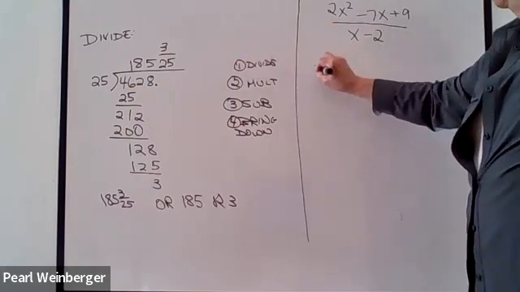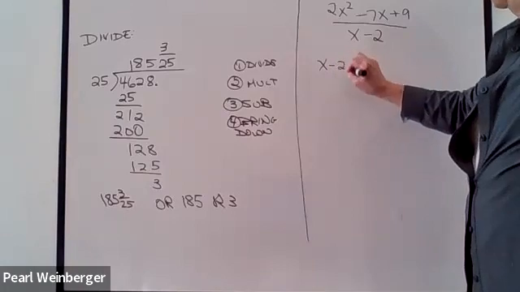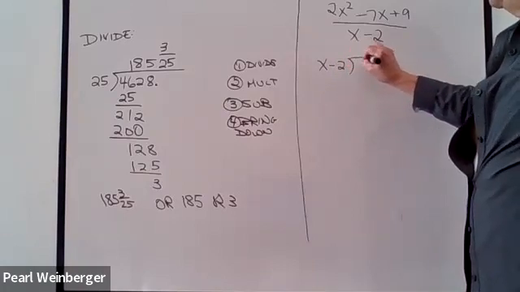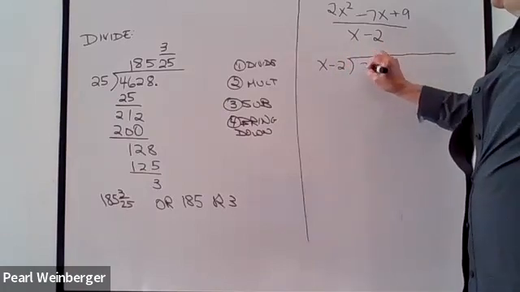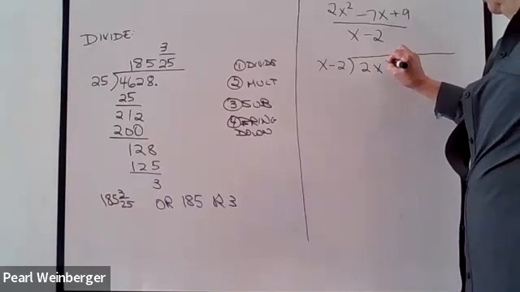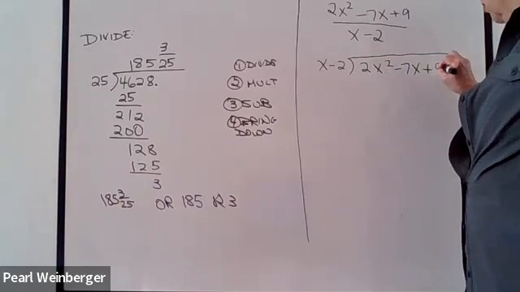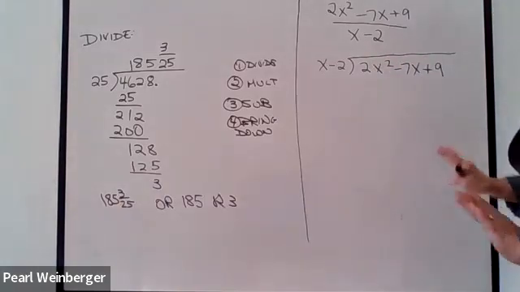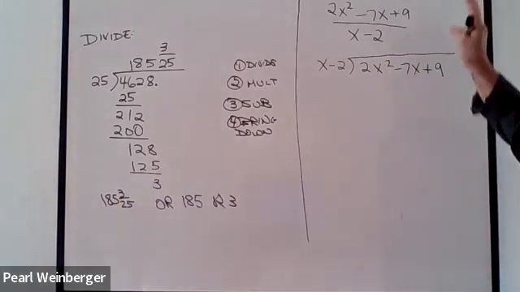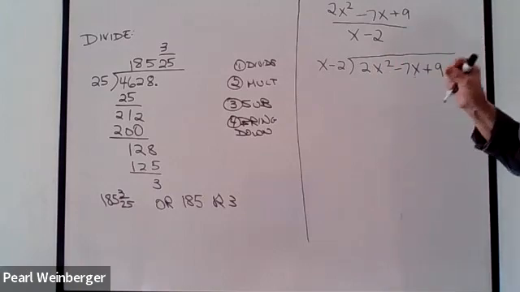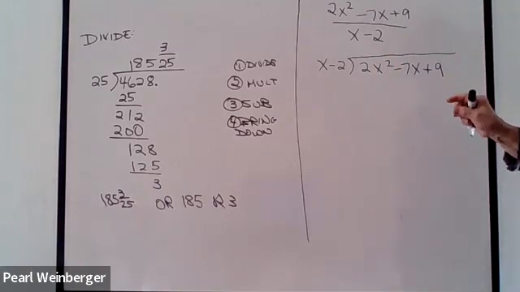In other words, the x minus 2 is my divisor that goes on the outside. The 2x squared minus 7x plus 9 goes on the inside, just like regular long division. We're using long division to divide polynomials.